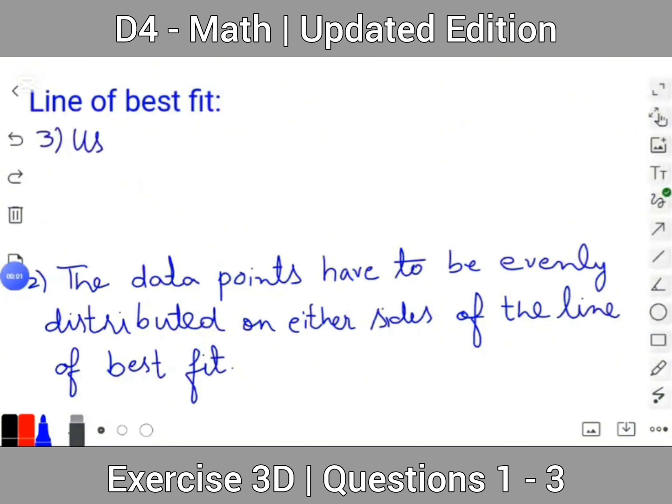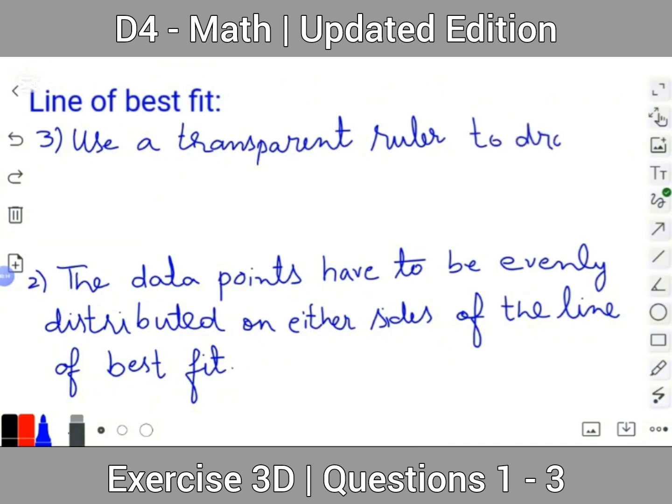Third point is to use a transparent ruler to draw the line of best fit.